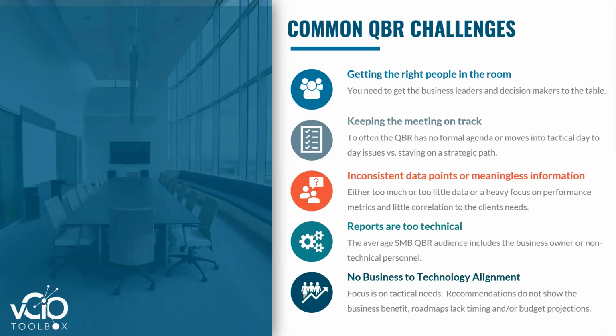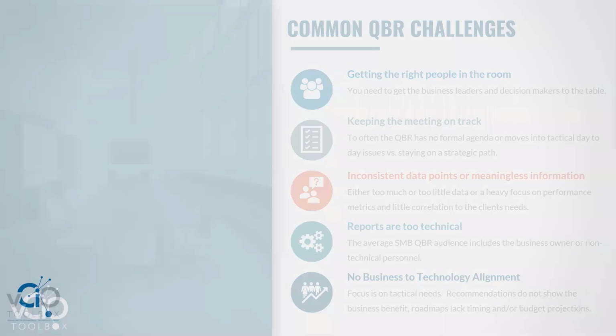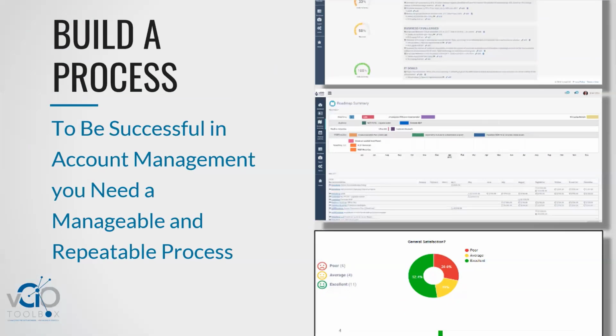Those are five core tenets that we really try to help our customers with should they enter into a relationship with vCIO Toolbox. What we try to help you do is build a successful, repeatable process, where the tool is just helping you standardize how you deliver things, but you're building a process that becomes embedded in your business, with visibility throughout the organization to these customers, where they stand in their roadmaps, what their gaps are, and where they stand against their strategic plan.